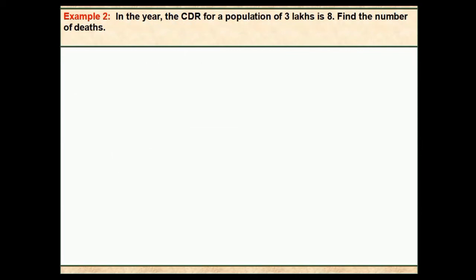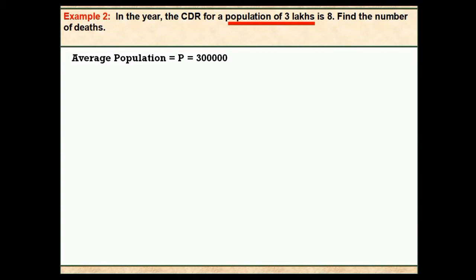Example 2. In the year, the crude death rate for a population of 3 lakhs is 8. Find the number of deaths. According to the question, average population is not clearly mentioned, so we need to assume that the population is the average population.